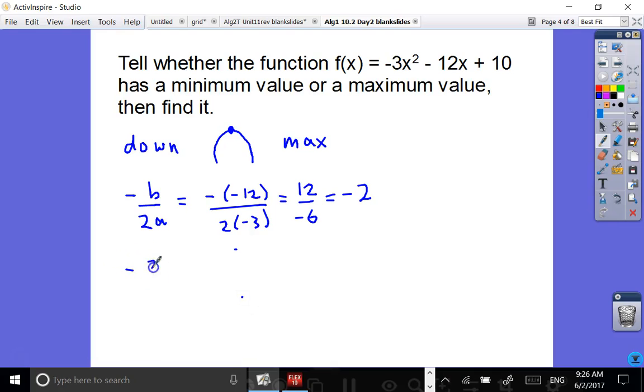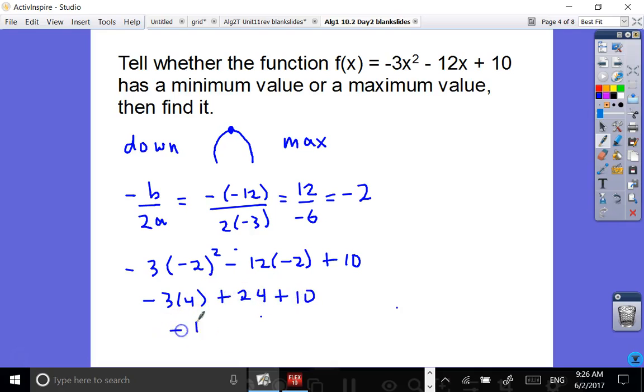Negative 3 times negative 2 squared minus 12 times negative 2 plus 10. This is negative 3 times positive 4 plus 24 plus 10, which is negative 12 plus 34, 22. So the vertex is negative 2, 22.